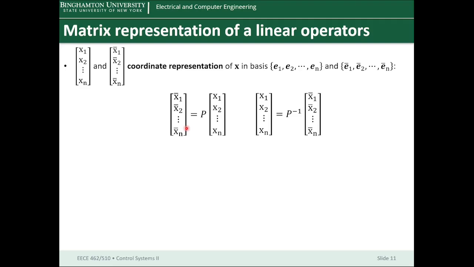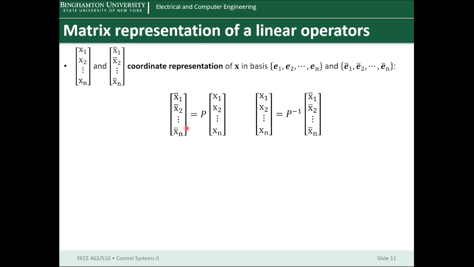So P is the change of basis matrix that converts coordinates from the original basis e1 through en into the new basis e bar 1 through e bar n. Then P inverse does the opposite conversion. It takes coordinates in the new basis back into the old basis. That means we can write the relation like this.